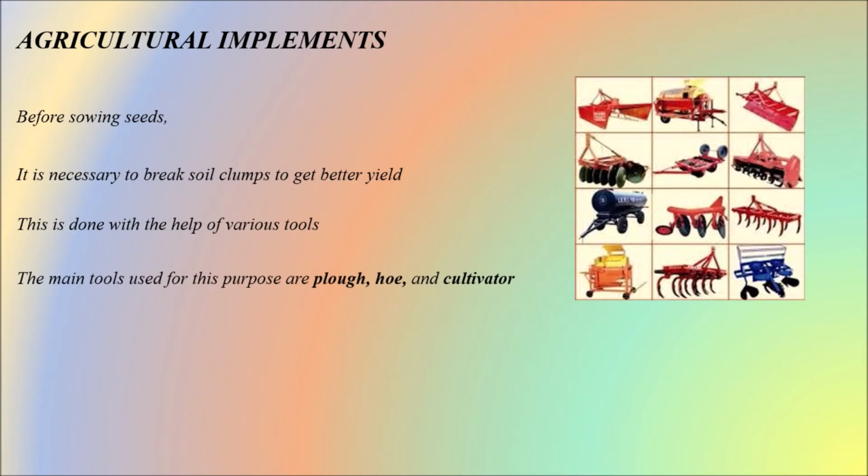If you consider the tools, there are three main tools used for this purpose: plow, hoe and cultivator. Before sowing seeds, we must break the soil clumps so that we get a better yield.